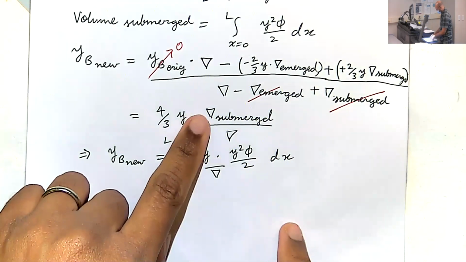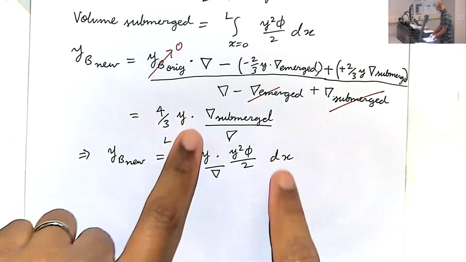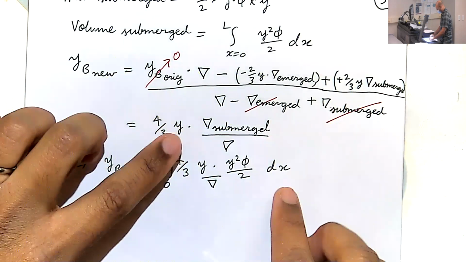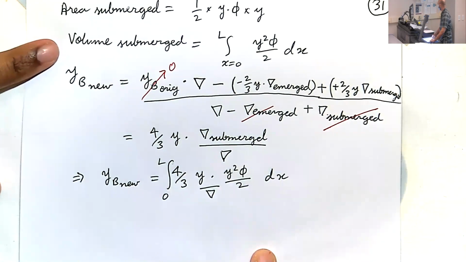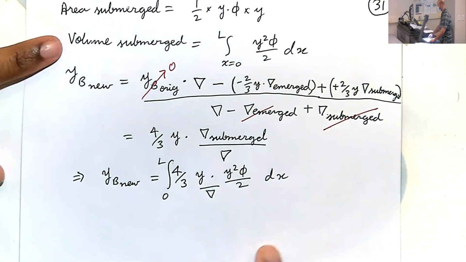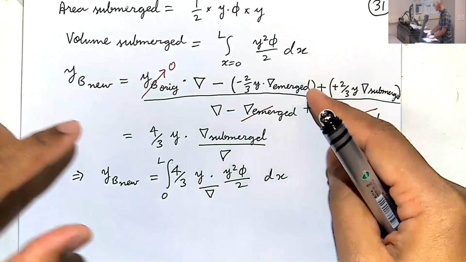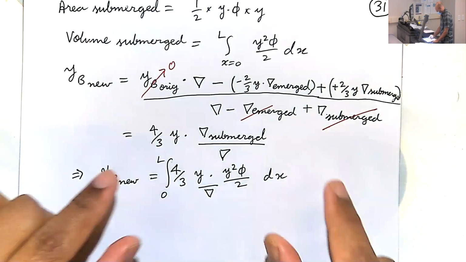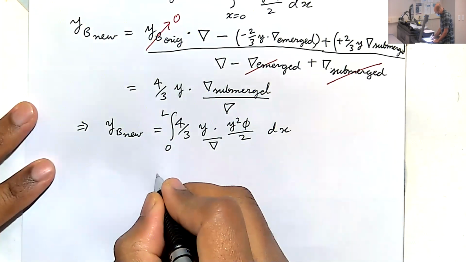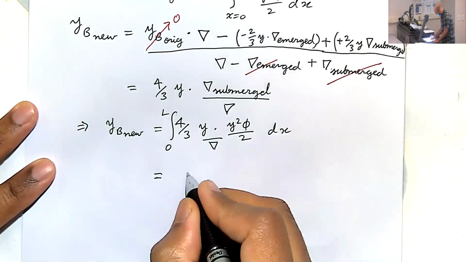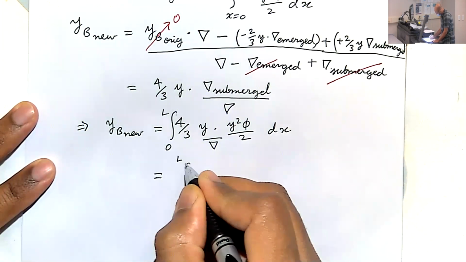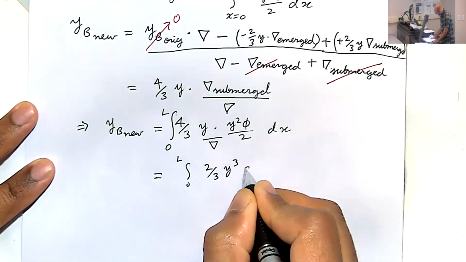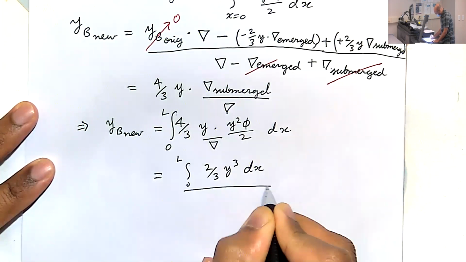I've just incorporated the integral we had here into this formula. And what we end up with is 0 to L, 2/3 y cubed dx over nabla.